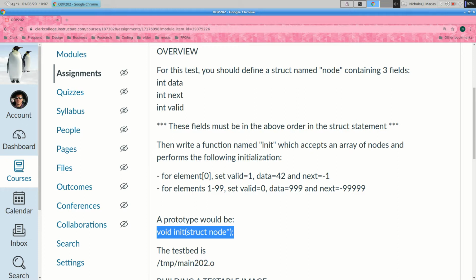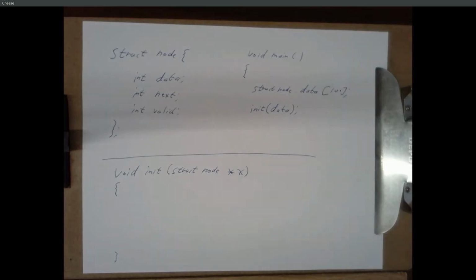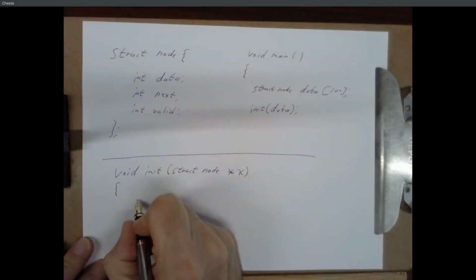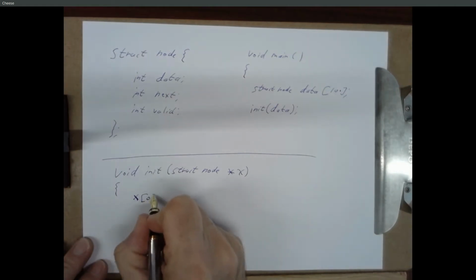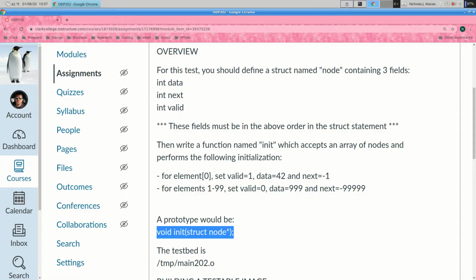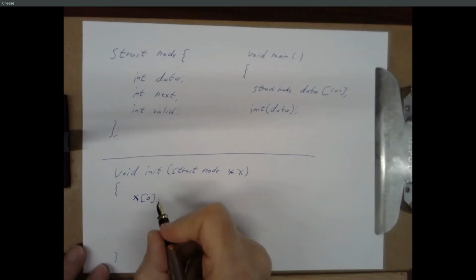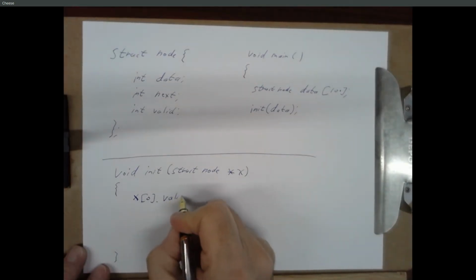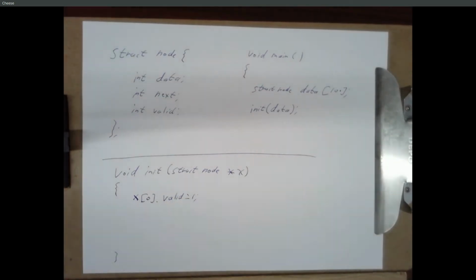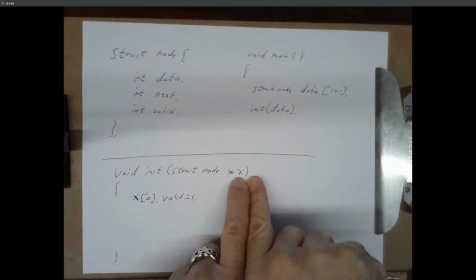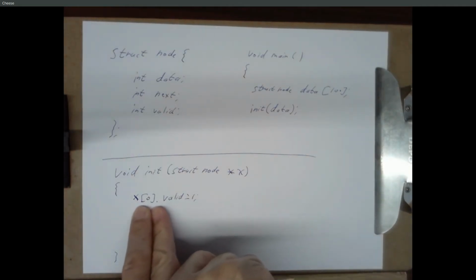So what would the first line of init look like if we wanted to set element 0 to have these values? It's pretty straightforward. So what's our first thing? Valid should be 1. X bracket 0 dot valid equals 1. That takes care of that first requirement. So X is the array, right? X bracket 0 asks for the first element of that array.